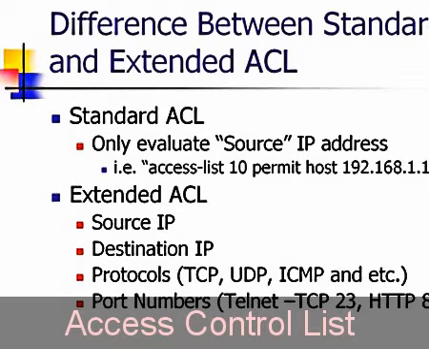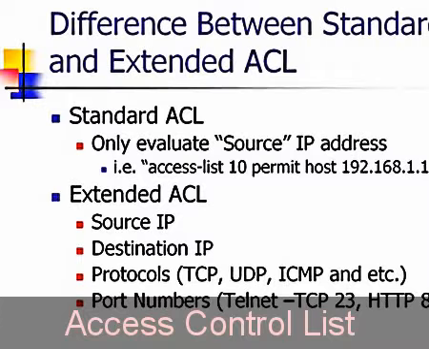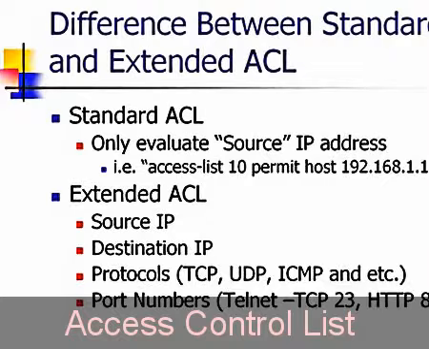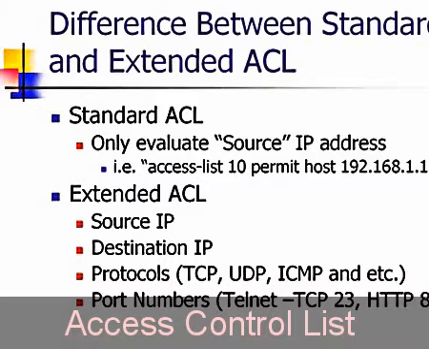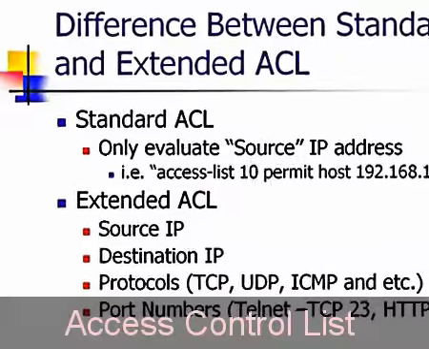Keep in mind that the IP address here represents the source, not the destination. An extended access list will specify the source IP, destination IP, as well as protocols such as TCP, UDP, and the ping ICMP packet, as well as the port number. For example, in this case, Telnet is TCP port 23, and web traffic HTTP uses port 80.